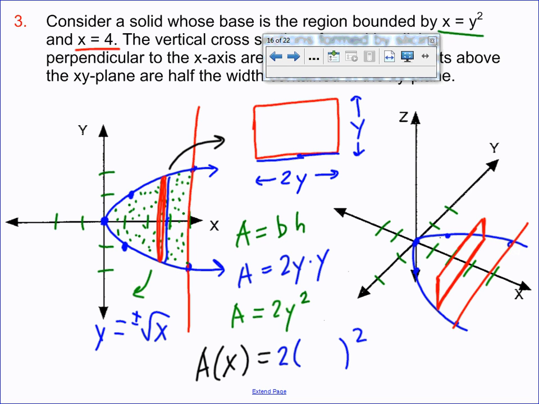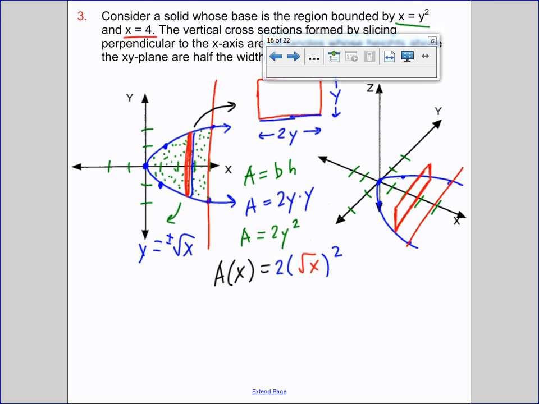Root x. So isn't my area function just 2x? That's it? Awesome. That's going to make for an easy integration. So that's 2 root x times root x, which is just 2x.